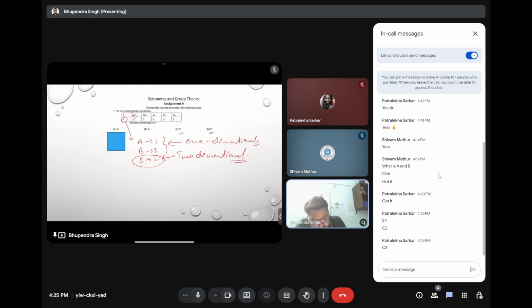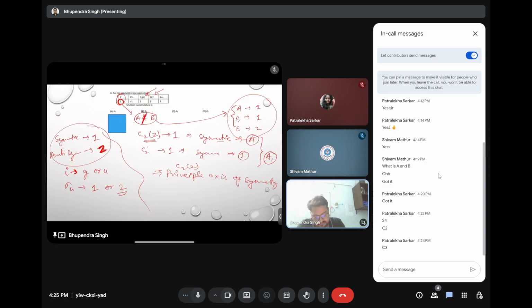So here, after operating C3, the representation is minus, which means that for E, 1 is for symmetry and 2 for anti-symmetry, which I have already told here, symmetric and anti-symmetric.